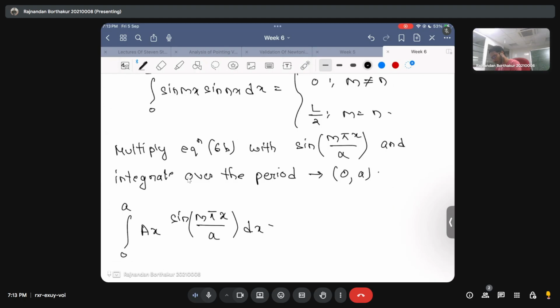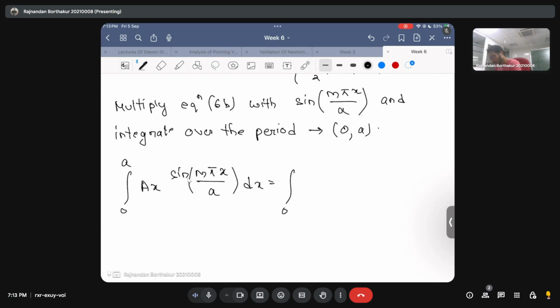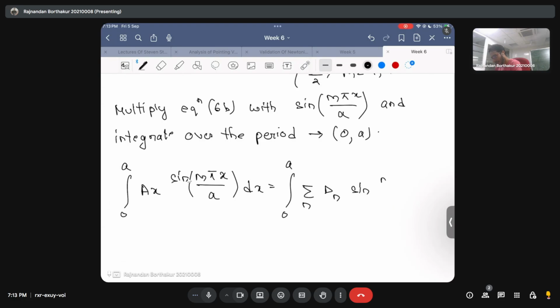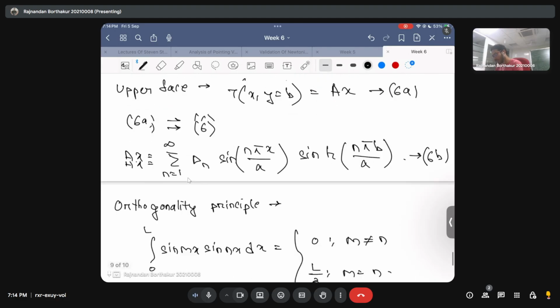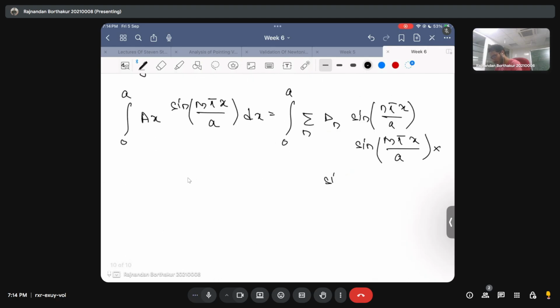The left hand side then would become the integral from 0 to a of the summation over n of dn times sine n pi x by a, times sine m pi x by a, and then there is a constant term, which is this hyperbolic term, sine hyperbolic n pi b by a, and we are integrating this with respect to dx.